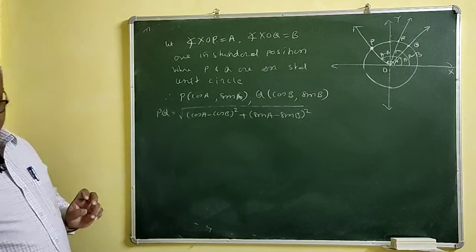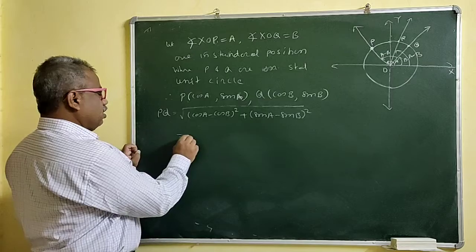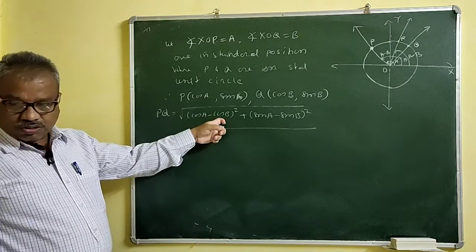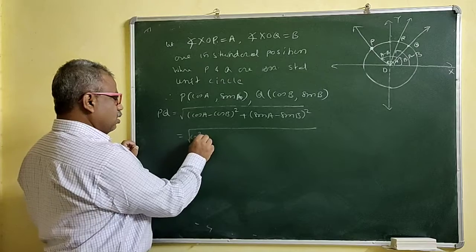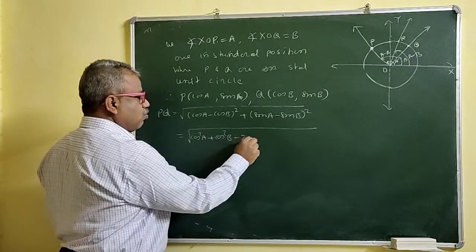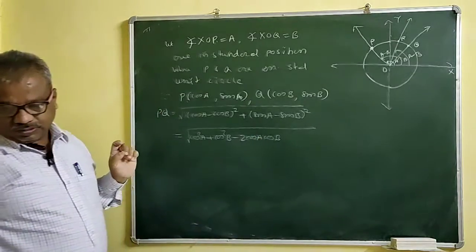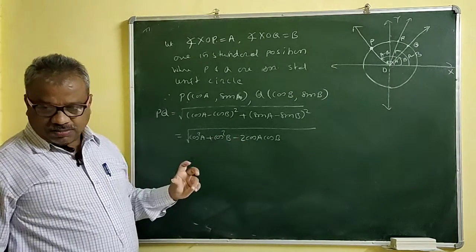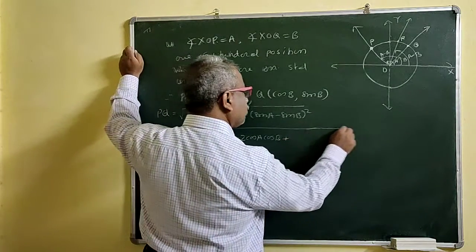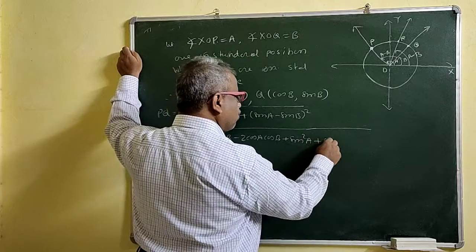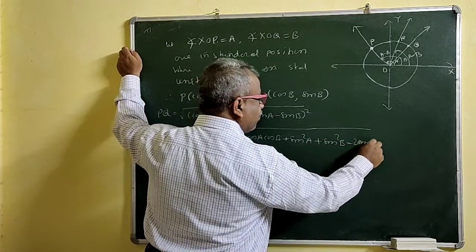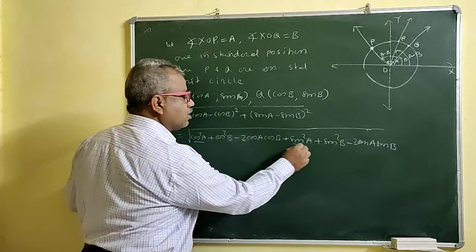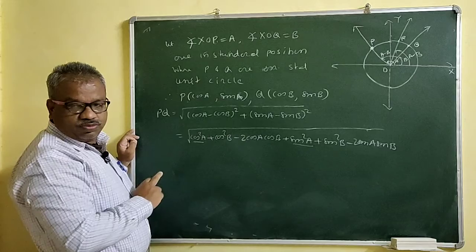Now we'll simplify this. If you simplify this, we get cos square A plus cos square B minus 2 cos A cos B. Instead of expanding in the usual order, write the third term as the middle term, plus sin square A plus sin square B minus 2 sin A sin B. This cos square A and sin square A together give 1.